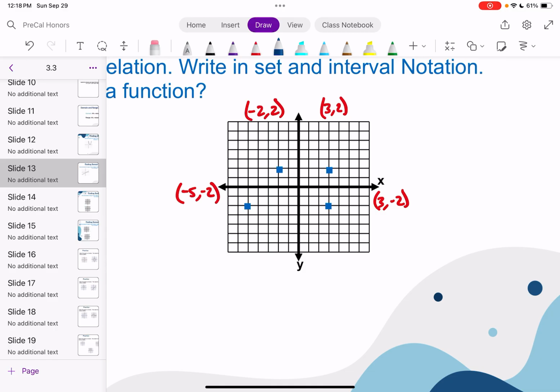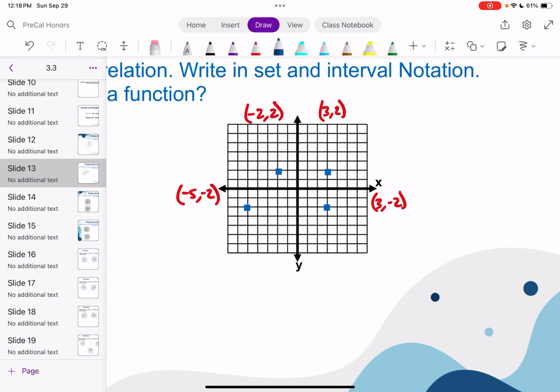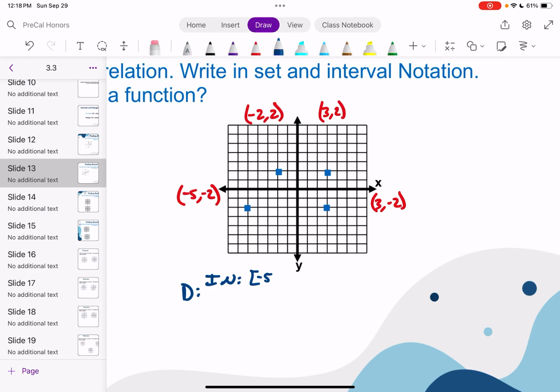We begin with our domain. In interval notation, we would set this as our x values being -5 in union with -2 in union with 3.